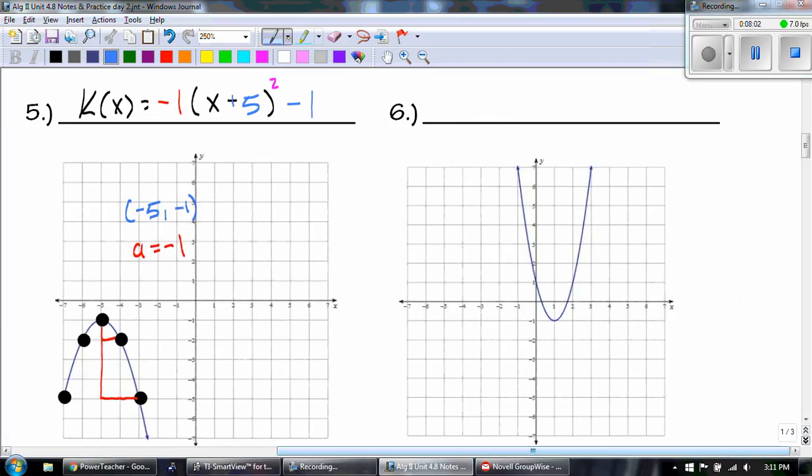All right, number 6. Vertex, what is it? Yeah, it's 1, -1. And then what's the pattern? Good, +2. Okay, so m of x equals, the a goes out front.